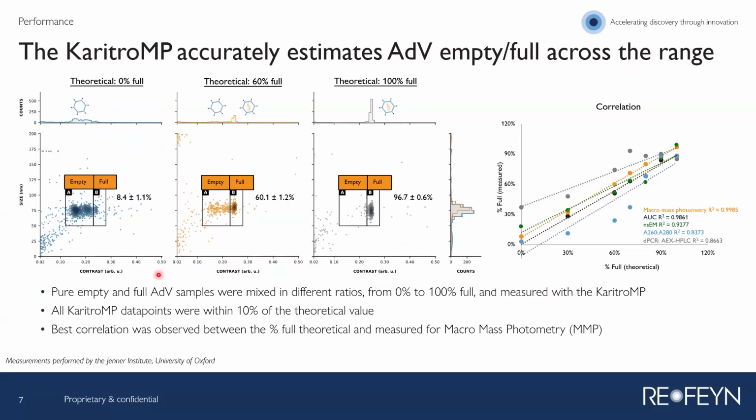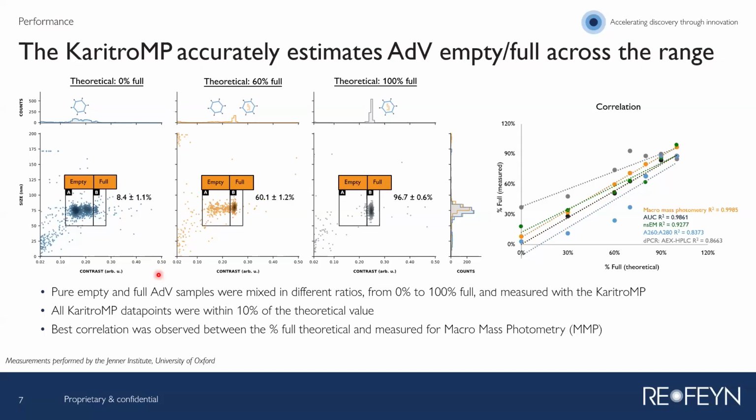Now that we've demonstrated that the heterogeneous populations can be reliably measured in KaritroMP, we wanted to understand how accurate it is across the whole range. So for this experiment, we took empty capsids and full capsids and made different ratio mixtures going from 0% to 100% full, and measured them on the KaritroMP alongside its orthogonal methods in the industry, which are AUC, SEM, ratio of UV 260 and 280, and ratio of PCR over AEX HPLC.